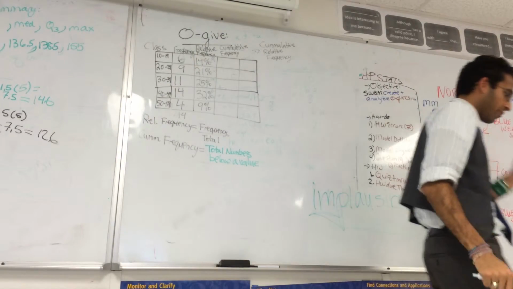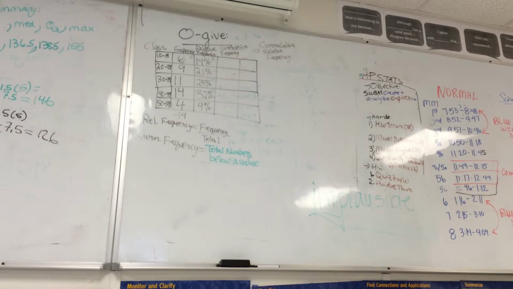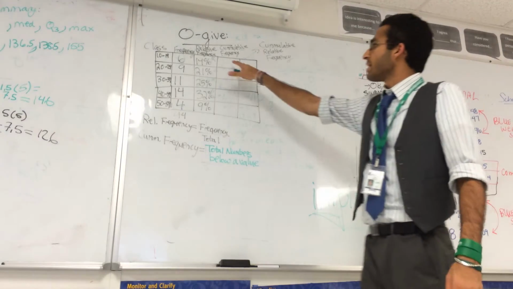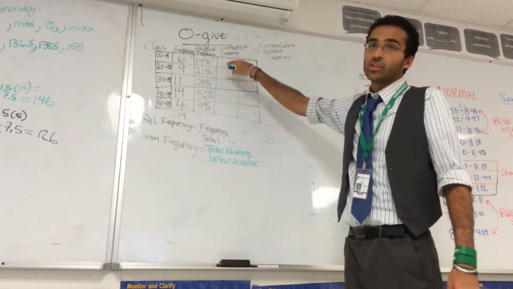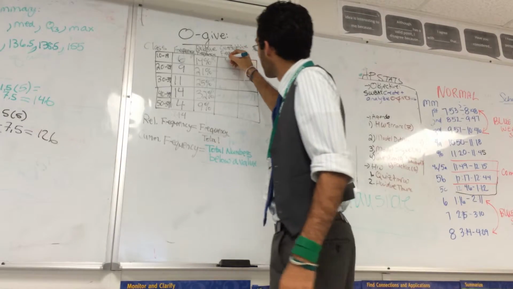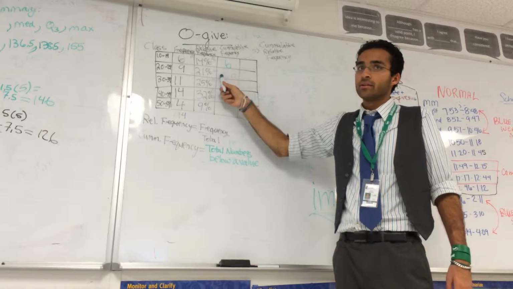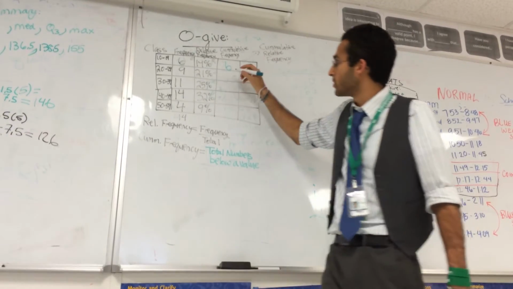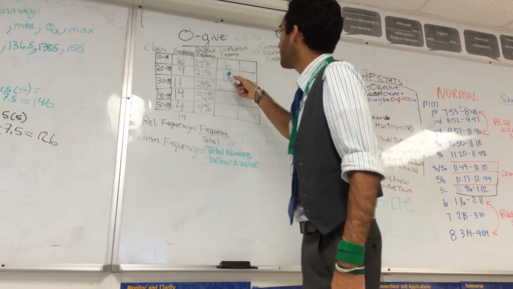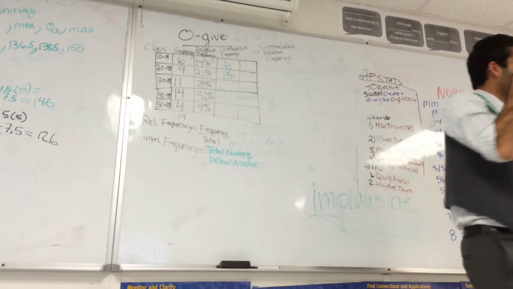By way of example, the cumulative frequency here will be 6. Here, it'll be these 9 plus these 6, 15, because there are 15 numbers in the data that are below 29.